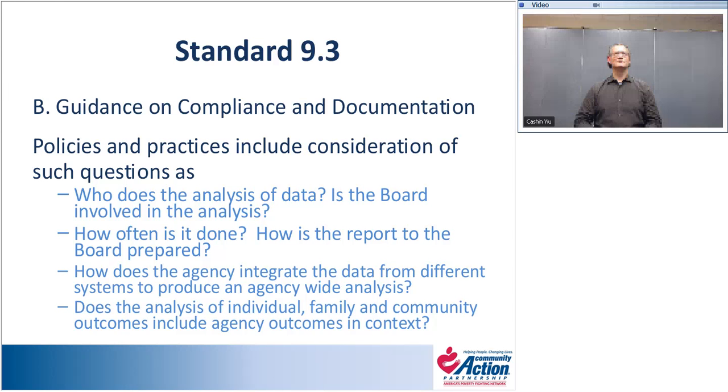You could also, after you've gone through all the standards 9.1 through 9.4, get your program managers or appropriate staff together, make a series of recommendations, roll them all up, and submit those to your CEO or your leadership team and the board at the same time. Again, whatever you think would make sure that those recommendations get in front of folks who would be able to act on them and reflect on them. But I think that would be a great suggestion to have the program staff make some recommendations to the board after having gone through the review process for the standards.